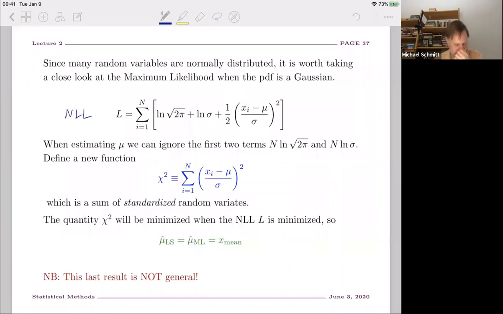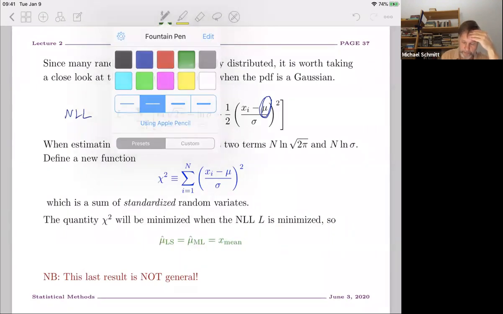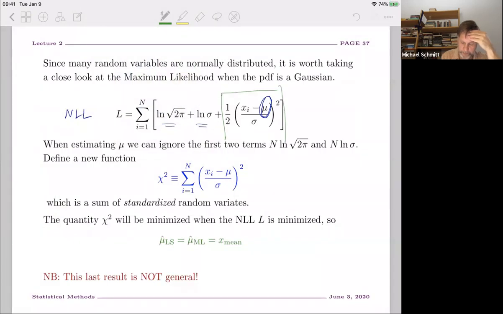For a Gaussian, let's say we're really interested in the mean of the Gaussian, the position in our calculation. In that case, we can throw away this term, and we can even throw away that term, because when we take derivatives they won't play any role, they'll just go away. So this term here is the one of interest for a Gaussian.